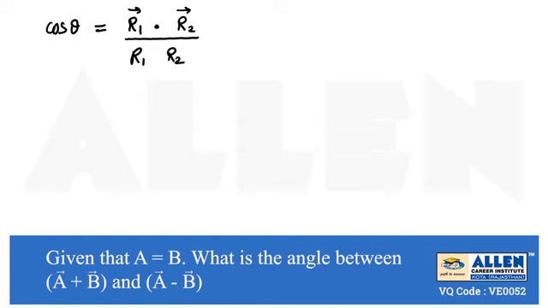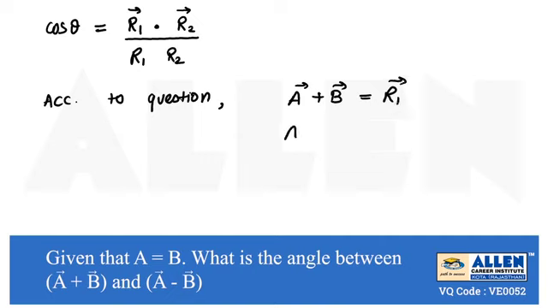So with the help of the given vectors we will first calculate their dot product. The first vector is A vector plus B vector, which we can consider as R1 vector, and the other one is A vector minus B vector, which is considered as R2 vector.